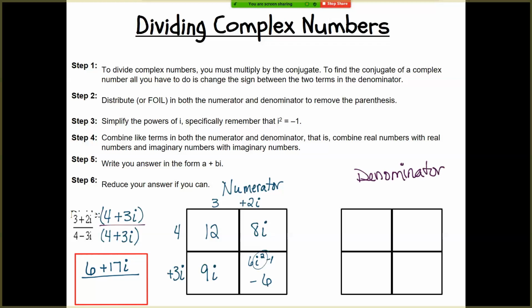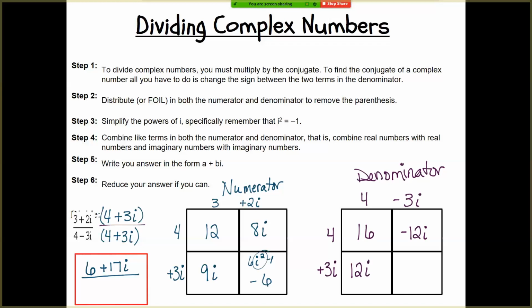For the denominator, we're going to take the original, 4 minus 3i, and multiply it by the conjugate, 4 plus 3i. Then we're going to multiply. 4 times 4 is 16. -3i times 4 is -12i. 4 times positive 3i is positive 12i.